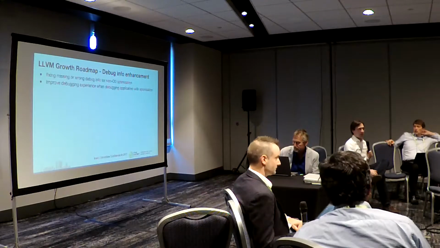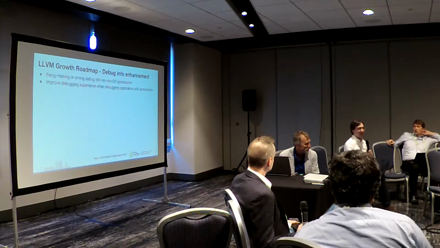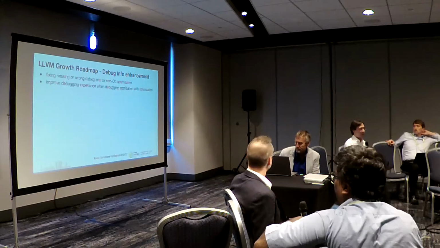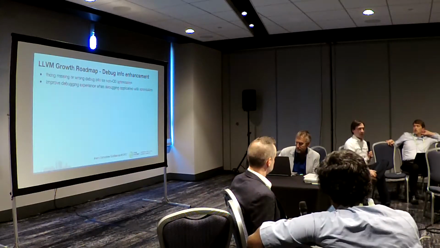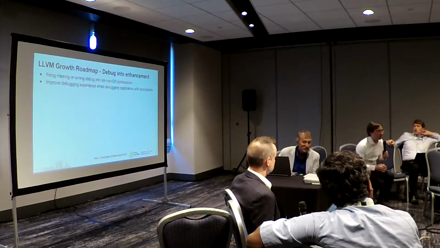I believe it's nowhere near where other compilers' debug info is. This is a very difficult task. Improving debug information is as difficult, if not more difficult, than making compiler optimizations.